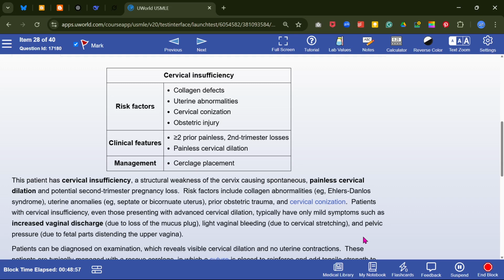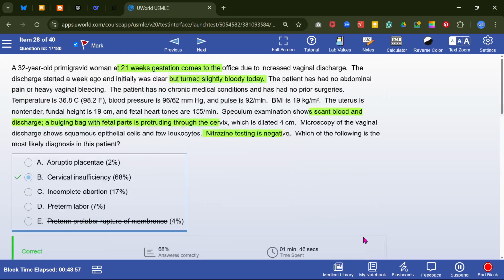This patient has cervical insufficiency, a structural weakness of the cervix causing spontaneous painless cervical dilatation and potential second trimester pregnancy loss. Risk factors include collagen abnormalities such as Ehlers-Danlos syndrome, uterine abnormalities such as septate or bicornuate uterus, prior obstetric trauma, and cervical conization.